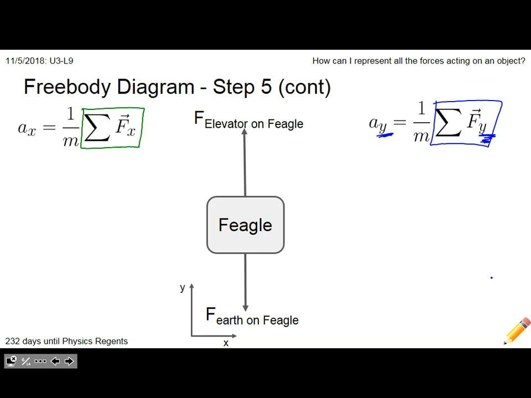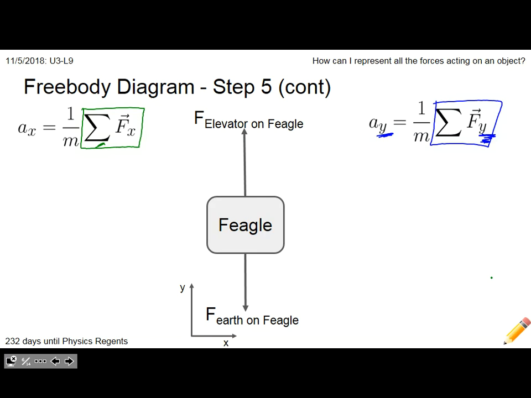Let's start off with the acceleration in the x direction, adding the forces. Remember this little sum symbol here just means add them all up. Add up all the forces in the x direction. What forces up there point along the x direction? What direction does force of Earth on Fiegel point?